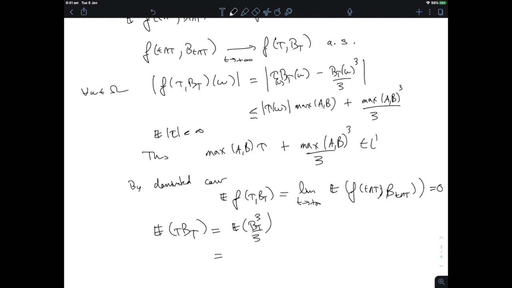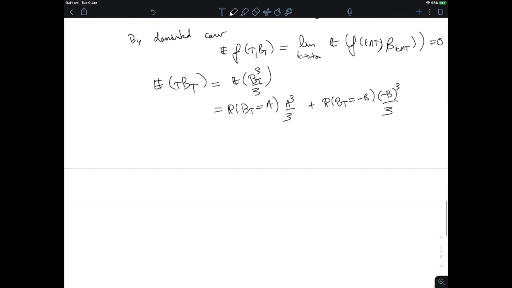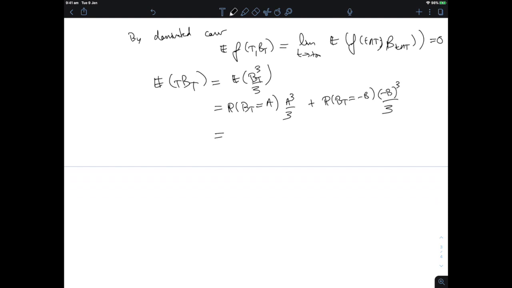Either b tau is a, and then I get a cubed divided by 3, or b tau is minus b, and then I get minus b cubed divided by 3. And we know what these probabilities are. The first one is b divided by a plus b times a cubed over 3. And the second one is a divided by a plus b, times b cubed divided by 3.